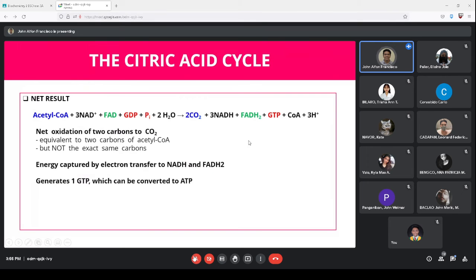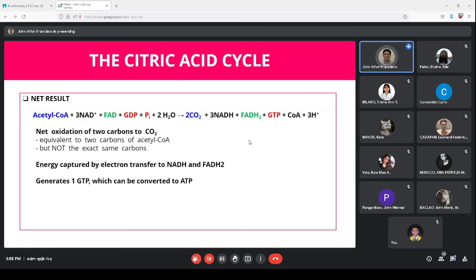So, ngayon naman is, tapos na natin yung citric acid cycle. So, what's with it? So, ang goal natin dito sa mga metabolism and either catabolism man siya or anabolism is to evaluate yung energy na ginamit nila or energy na na-produce nila, which is a very good way to understand kung paano nag-regulate ng energy nga ang system or ang cell.